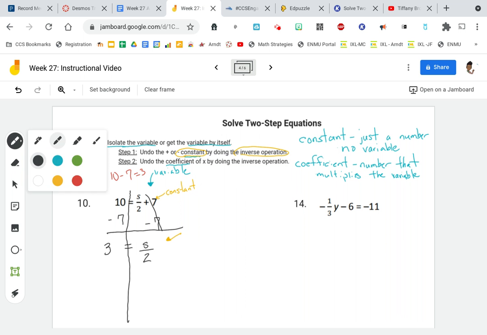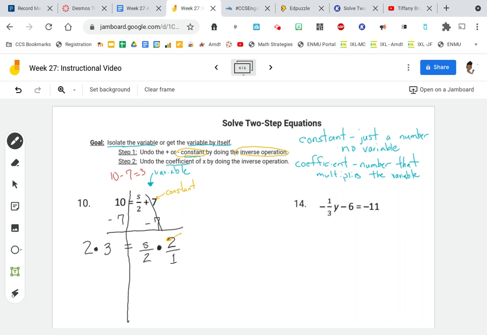It's multiplication, right? So what we need to do is to do the opposite or inverse of division, which is multiplication. So we actually need to multiply by 2, okay? And what we do on one side, we need to do to the other. Now, I need you to understand what's going on over here.